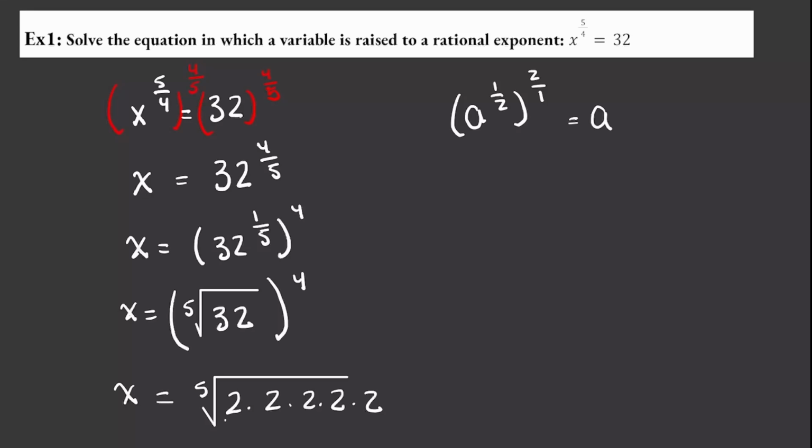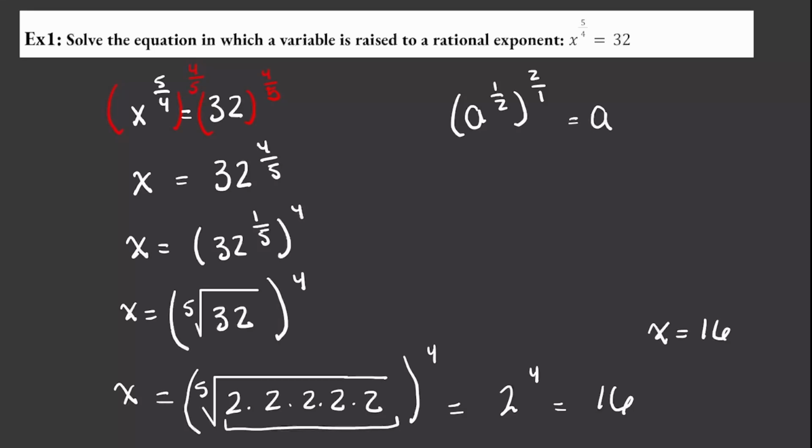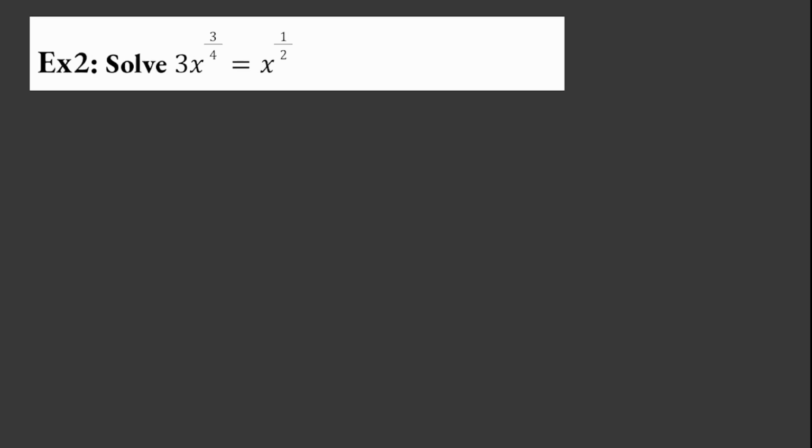Notice I have five 2's underneath the radical, so that comes out as one 2. So this is equal to 2 to the 4th power, which is 16. So x is equal to 16. You can always check your answer by plugging the value of x back into the original equation, and you're supposed to obtain 32.